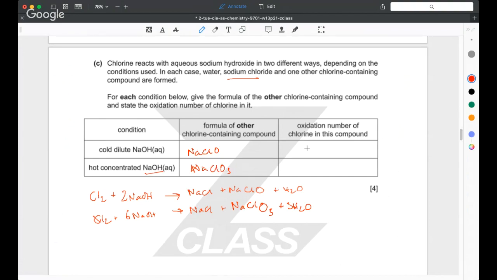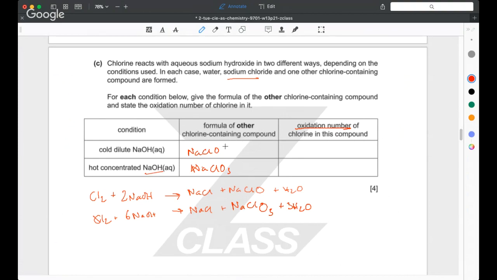Now, you've got to work out the oxidation number. You can learn the rules for assigning oxidation numbers, and there's nothing wrong with that. But the oxidation number concept is just a technique that assumes that each atom is ionic.